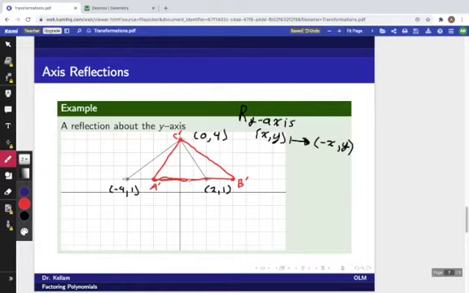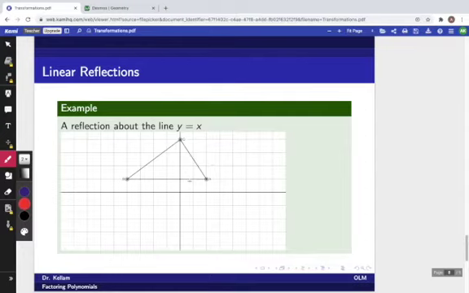There's one more that I want to look at immediately. And that is another special reflection, which is about the line y equals x. So, our notation, reflection, y equals x. What is happening? x comma y gets sent to y comma x.